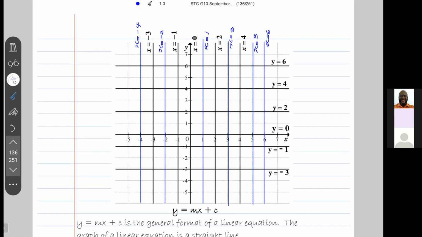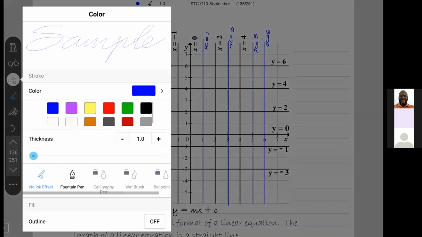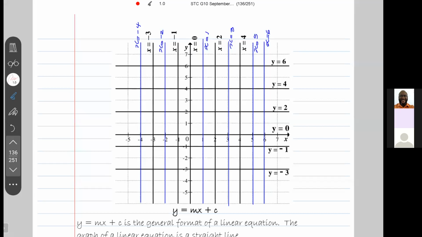Guys, let's talk about the horizontal lines. All right, let's go red. Guys, the horizontal line that passes through 5 on the y-axis is the line y is equal to 5. This would be the horizontal line y is equal to 3.